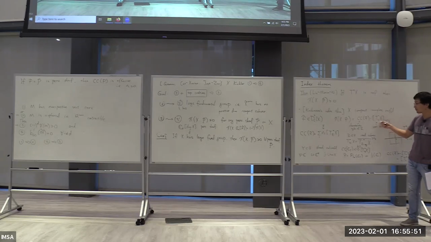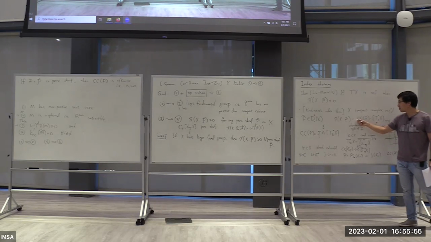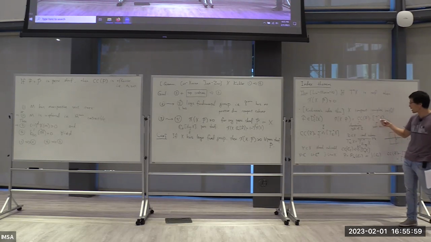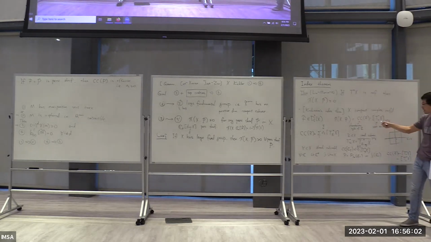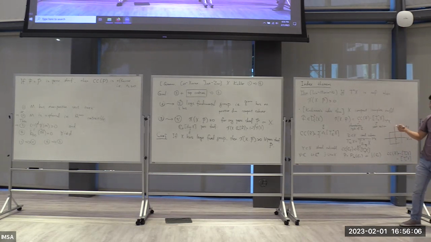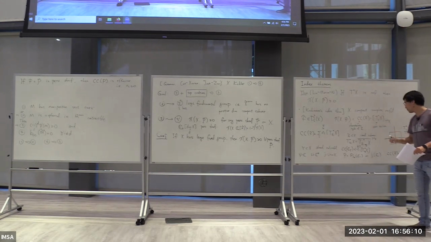That wouldn't change the second factor. Compactify it however you want, replace the first cycle by its closure. It wouldn't matter because you are changing things only along infinity, and this cycle is supported at 0. So the intersection number wouldn't change. So this is well defined.